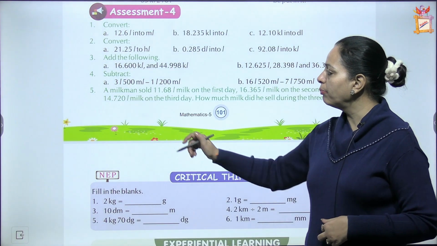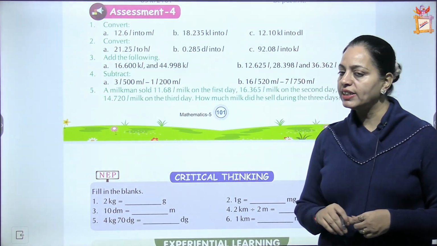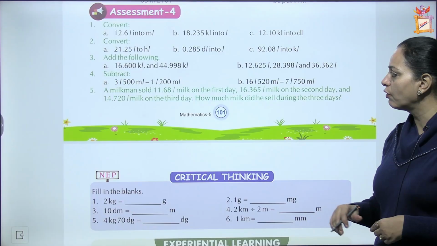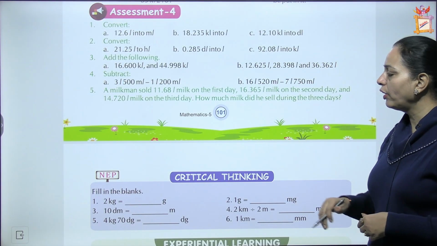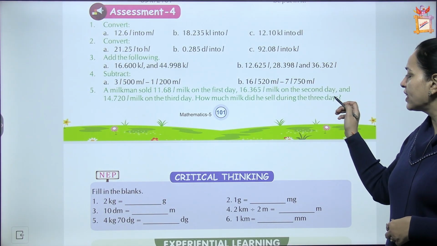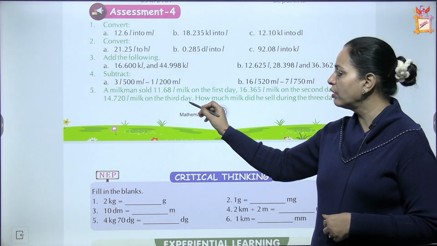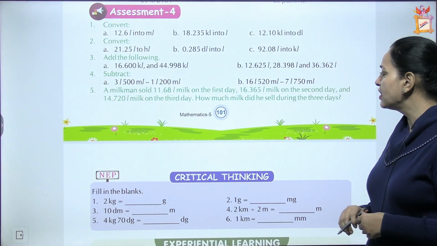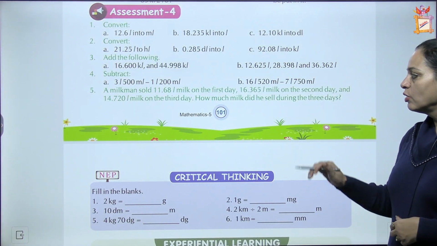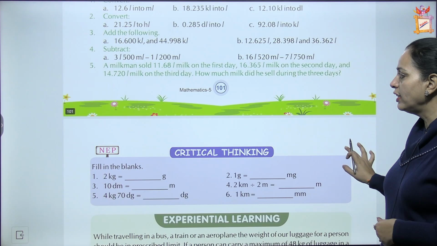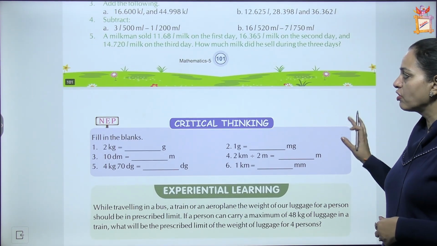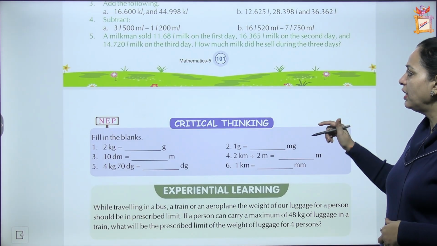The fifth one, a milkman sold 11.68 liter milk on the first day, 16.365 liter on the second day and this much on the third day. How much did he sell during the 3 days? So total, you can add all these quantities. Okay, first arrange into liter and milliliter.